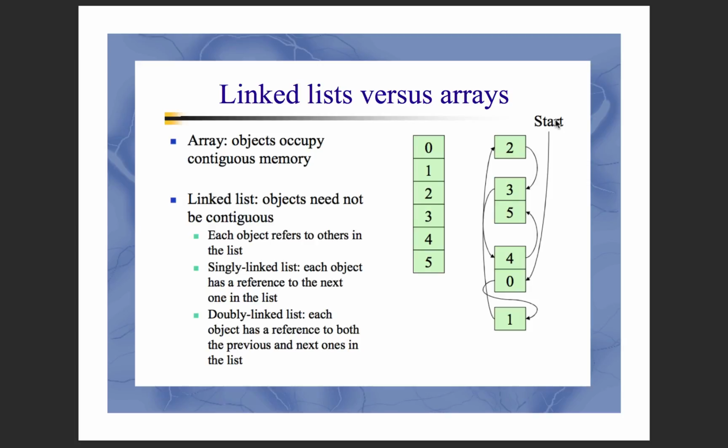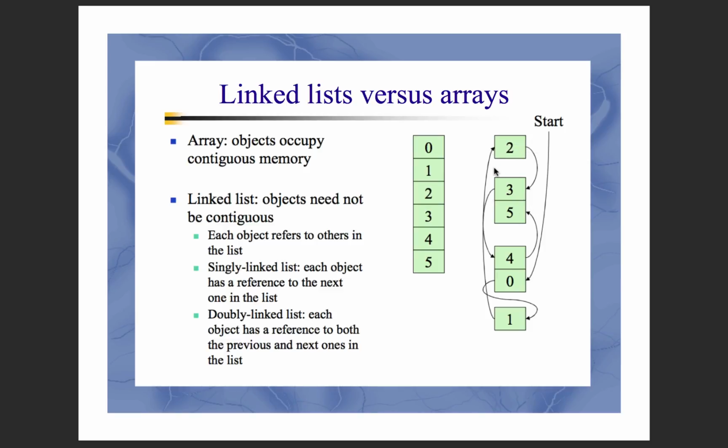So basically these are scattered and not contiguous. Say you start from here, 0, and the next element is 1, then 2, then 3, then 4, then 5. You can see that this is not contiguous, not in a sequence. So you have to have link information to traverse everything.